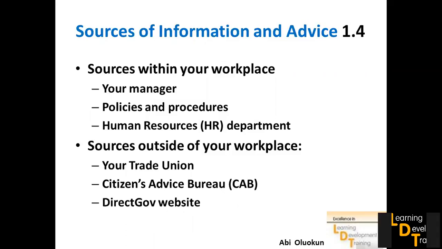And if you already know where the file is in your workplace, go there and look into the policies and procedures and go straight to the 5 main ones that we've talked about. If you're working within a very large organization, then you might want to access the Human Resources Department, which is the HR.